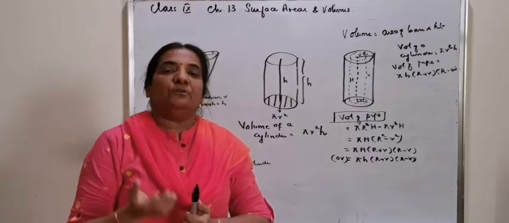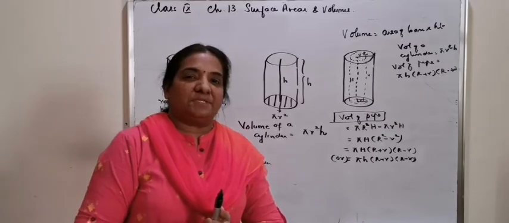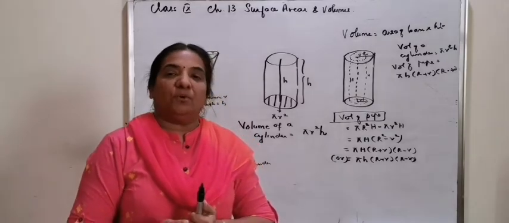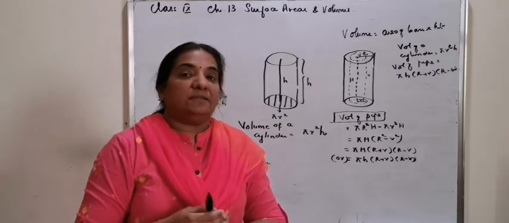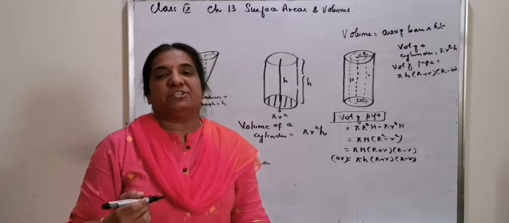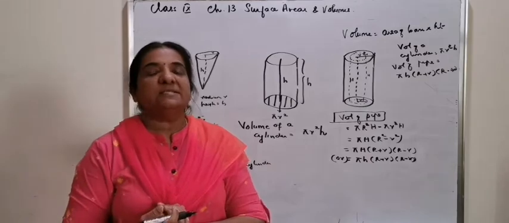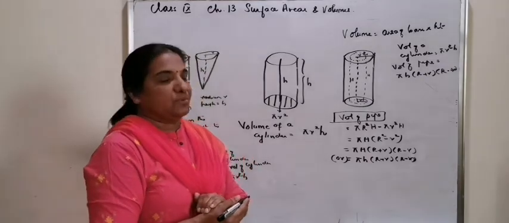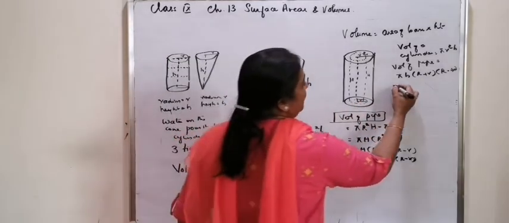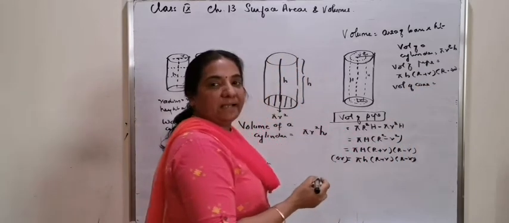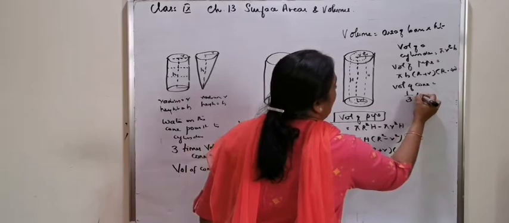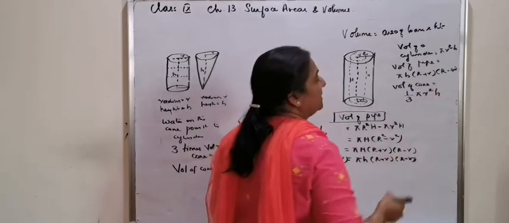You have to fill 3 times the cone with the water to completely fill the cylinder, which shows that the volume of cylinder is pi r squared h, hence the volume of the cone is 1/3 pi r squared h. So volume of cone of radius r and height h is 1/3 pi r square h.